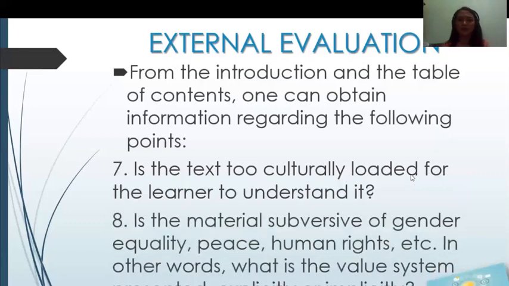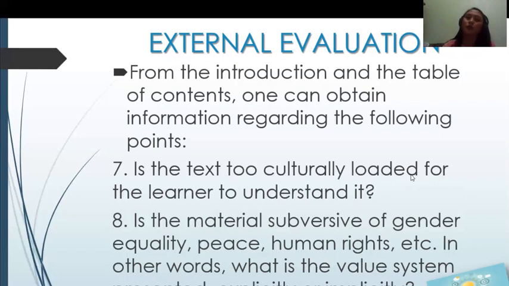Next, is the material subversive of gender equality, peace, human rights, etc.? Or in other words, what is the value system? Is it implicitly stated or not? There are materials, especially nowadays, that tackle current issues, especially for teenagers.